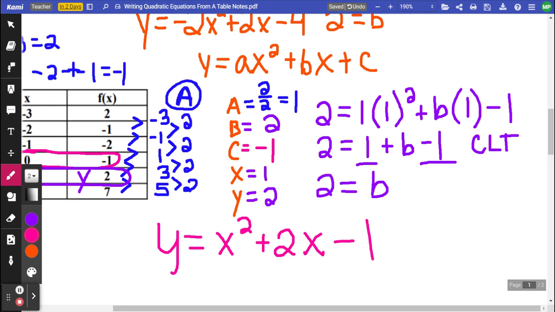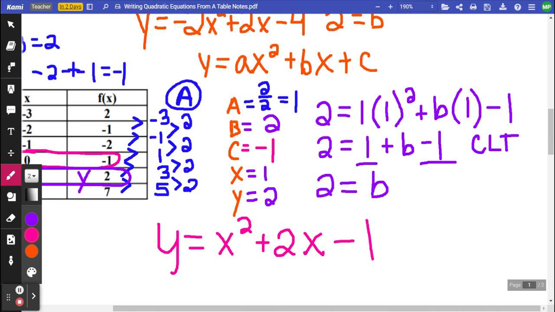Thumbs up if you get it. Thumbs sideways if you kind of get it. Thumbs down if you don't get it at all. Everybody give me a thumb. Thumb up if you understand second difference. Thumb down if you don't. Thumb up if you get how to find your y-intercept on a table. How do we find that?